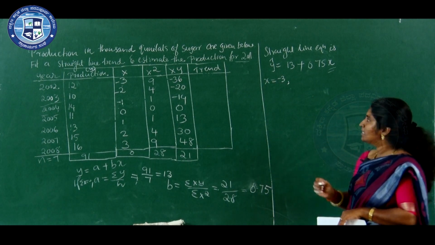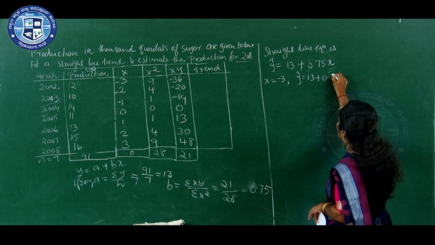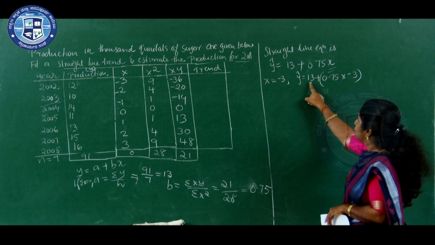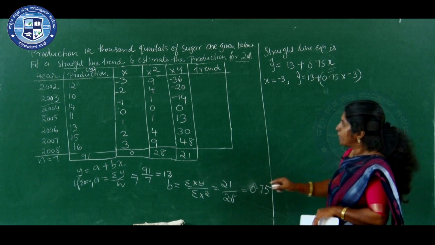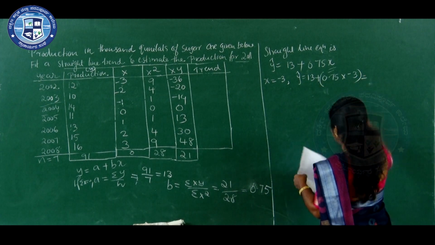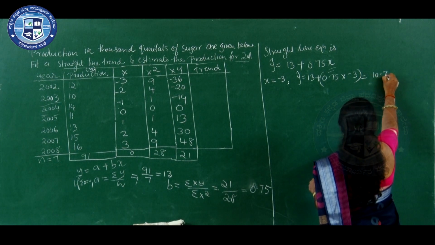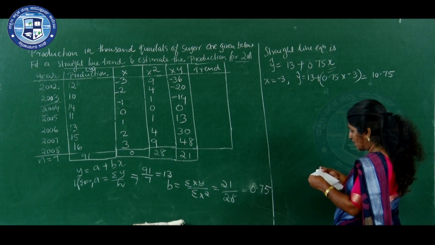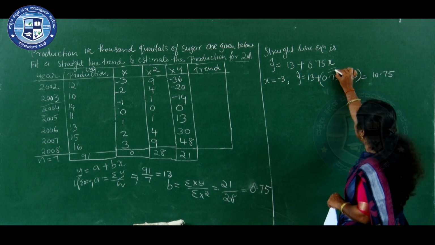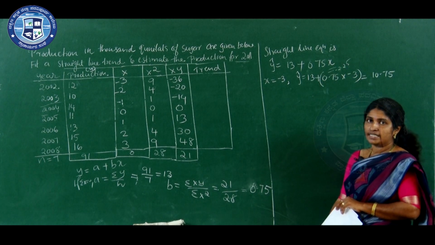Y cap is 13 plus 0.75 into minus 3. 0.75 into minus 3 is minus 2.25, and 13 minus 2.25 is 10.75.